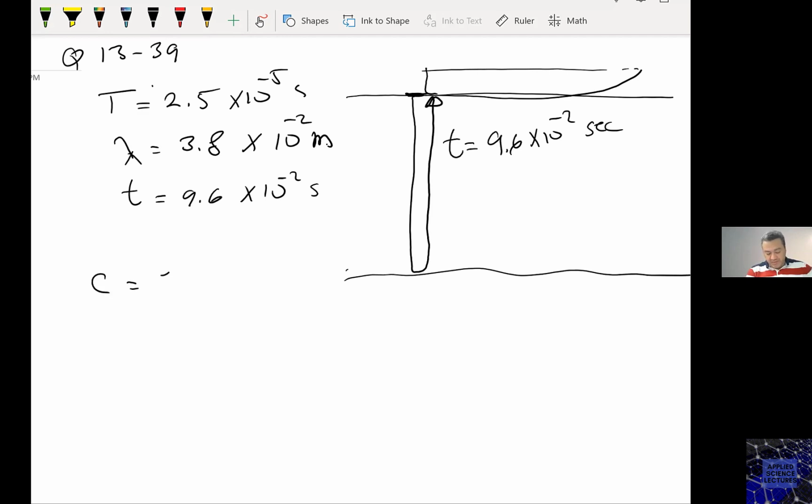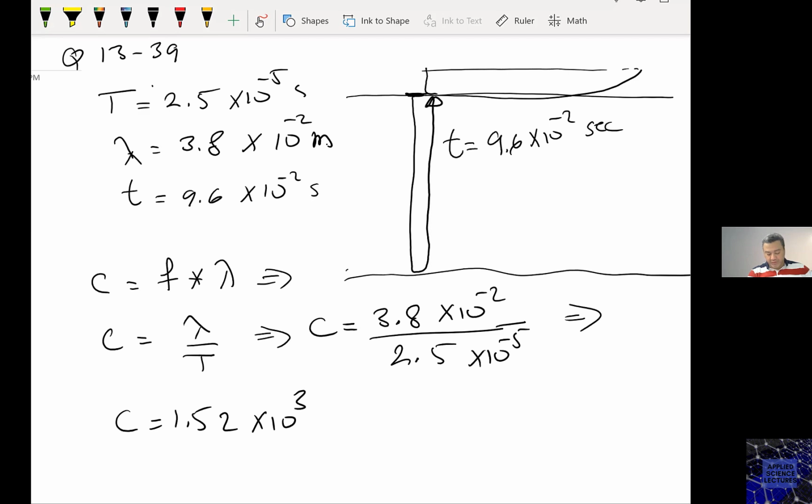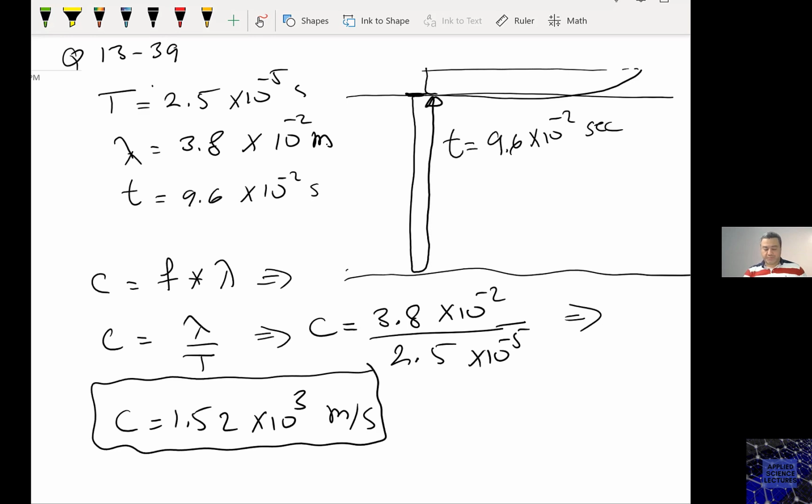We know the speed c equals f times lambda, where f is 1 over T, so c is lambda over T. We have lambda 3.8 times 10 to the power minus 2 divided by 2.5 times 10 to the power minus 5, and c is 1.52 times 10 to the power 3 meters per second. So this is A.